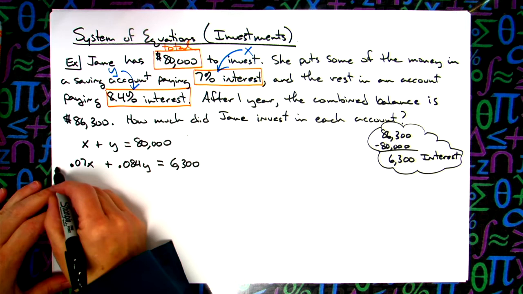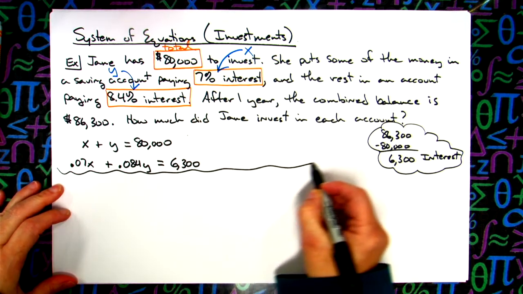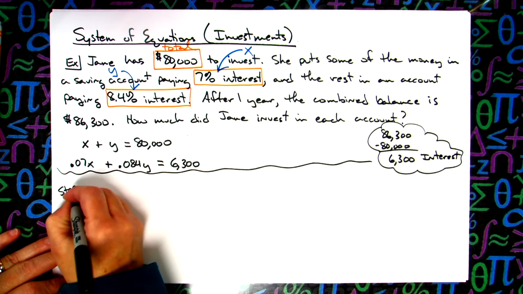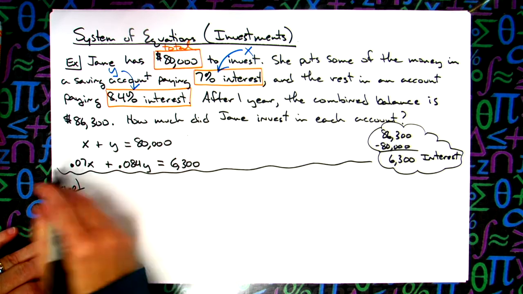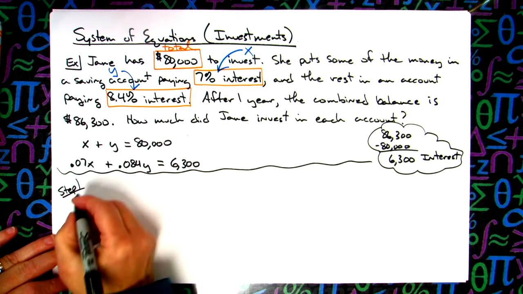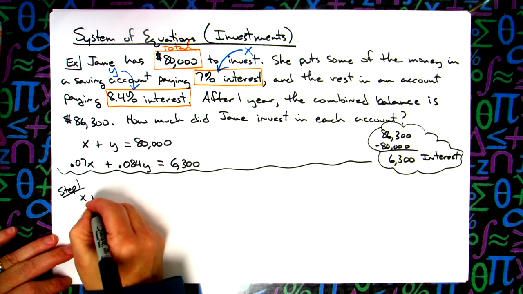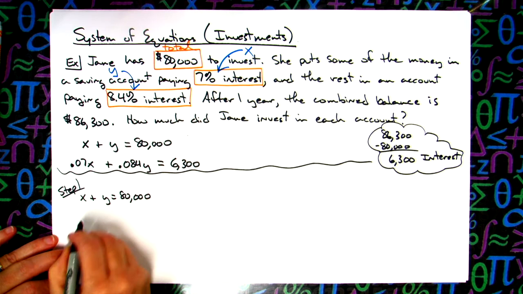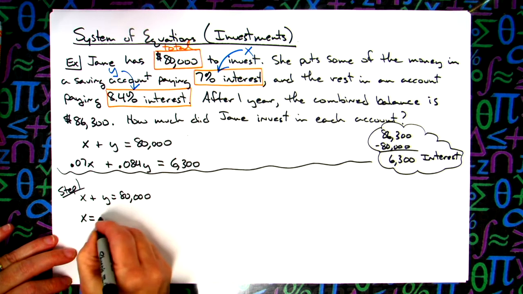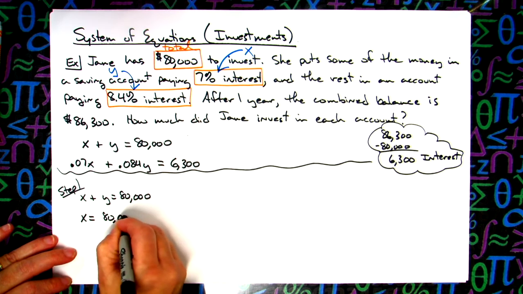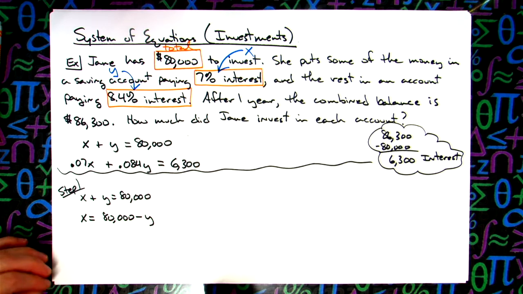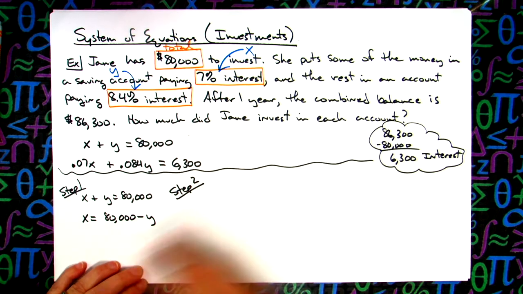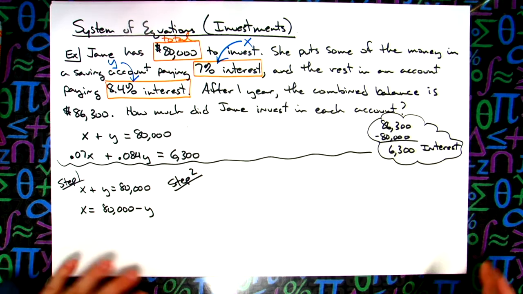I'm going to draw a little line here, so I'll line out all the little steps. Step one, solve one of those for, let's solve for x. So x plus y equals 80,000. I'm going to show all my steps. I'm going to solve for x, which means x is going to be 80,000 minus y. Then step two means I'm going to substitute that back into the second equation.